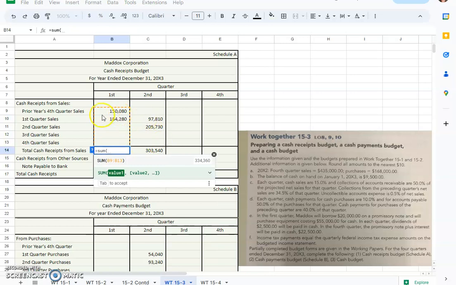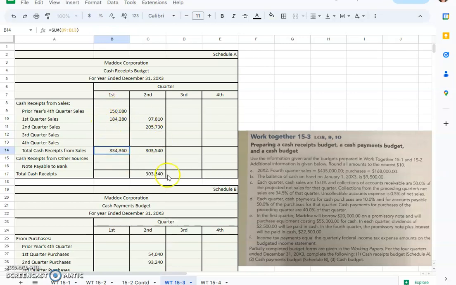That would be our total cash receipts from sales. We can just equal sum, add anything that's in that column. All right, so they did this one for us. Second quarter's done, 303,540.